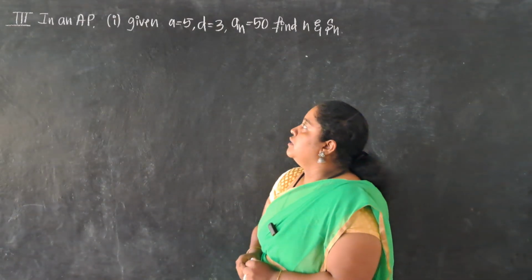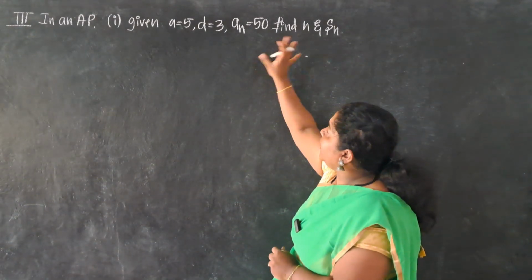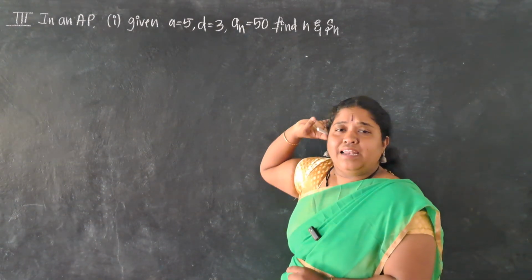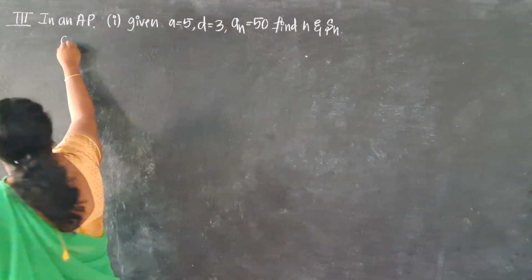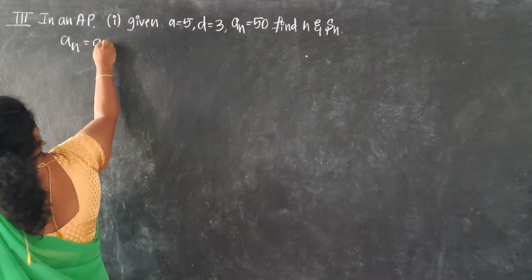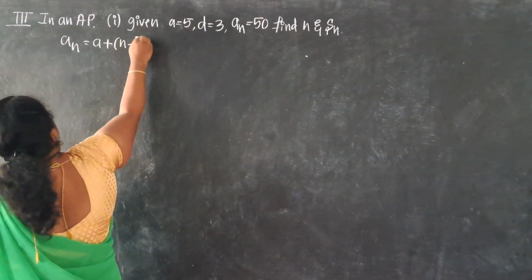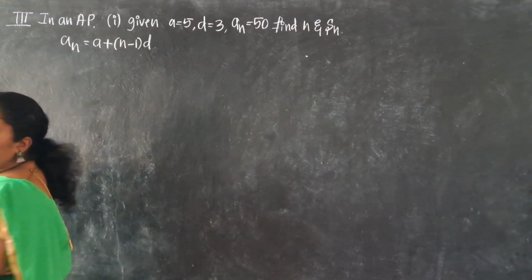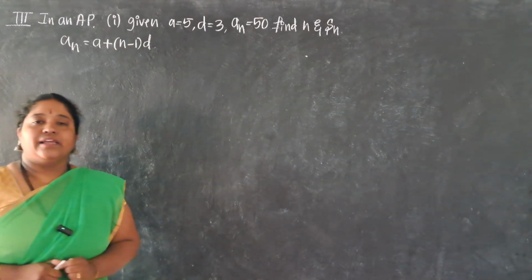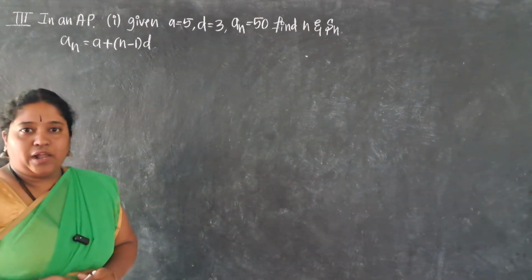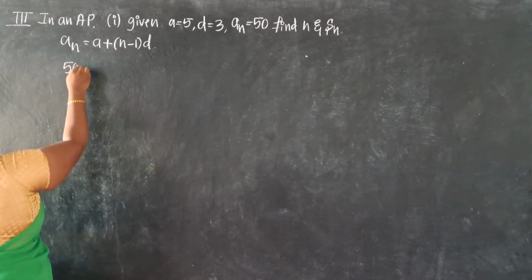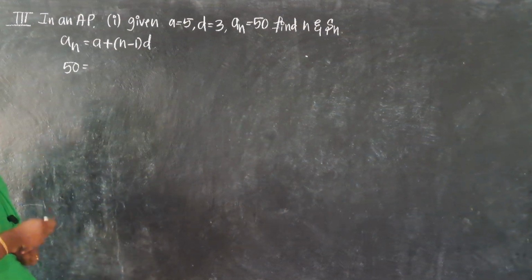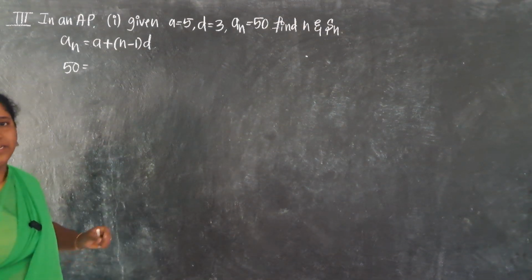Now see here, an is equal to 50. Let me use the an formula, and the an formula is, dears, an is equal to a plus n minus 1 into d, the nth term formula. Now an is provided as 50. Let me substitute the values now to calculate n.